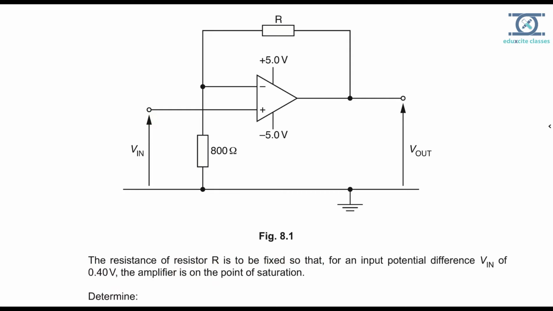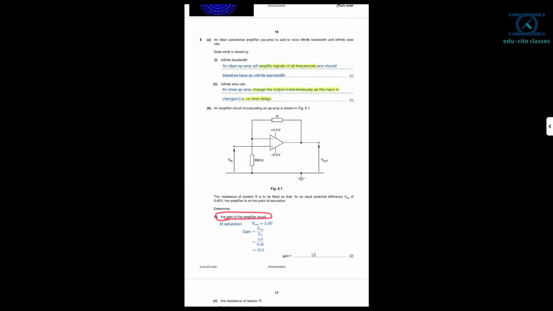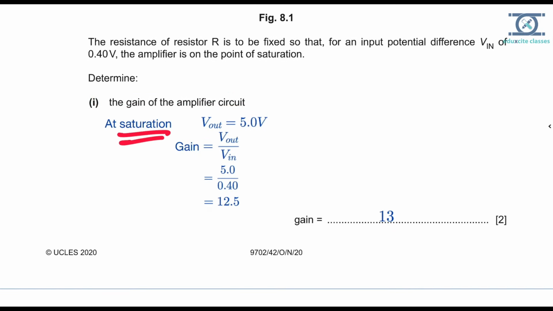Now here comes an important question. Saturation is the condition where we get an output voltage equal to the supplied voltage, that is 5 volt in this case. So determine the gain of the amplifier circuit. What should be the gain so that we reach the saturation limit?